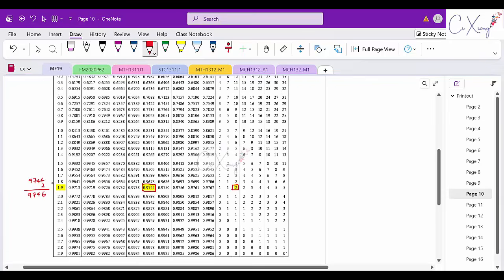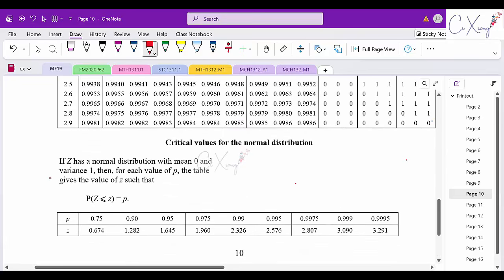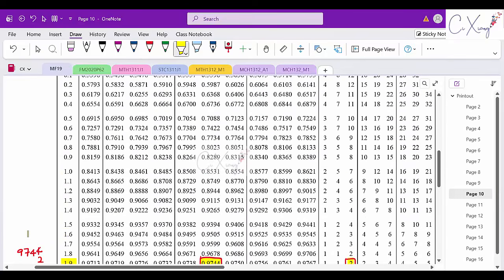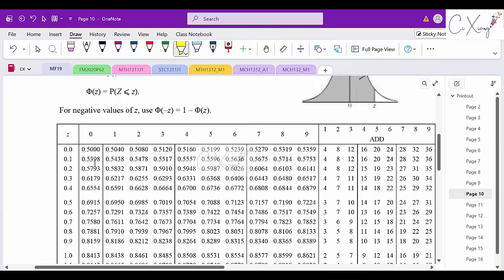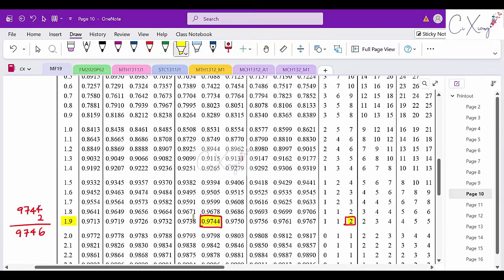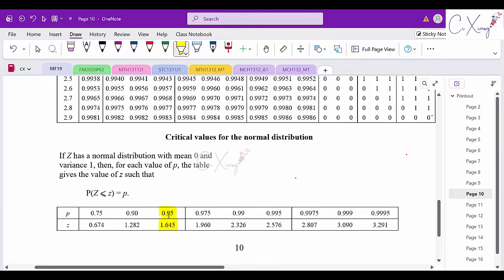Usually I tell students to look at the shortcut table first, because it might give you some important areas. For this one, our area is 0.95, then the value of Z is 1.645. You cannot use 0.05 because in our table all the areas are more than 0.5, so I have to use the complementary area to find Z. So I'm using 0.95 here, and the Z will be 1.645.